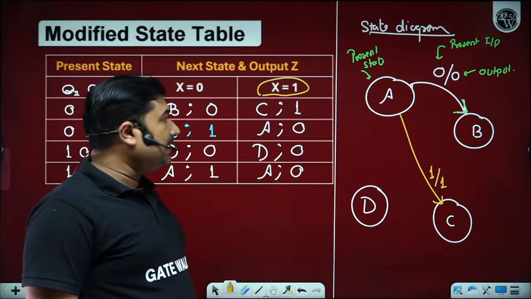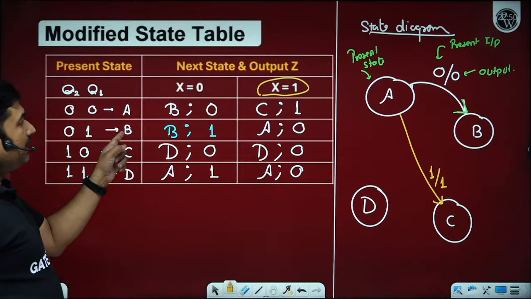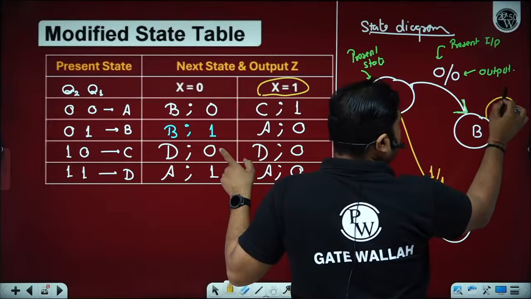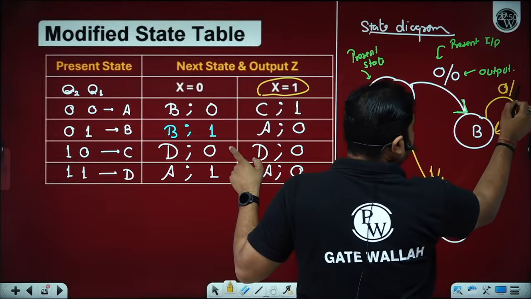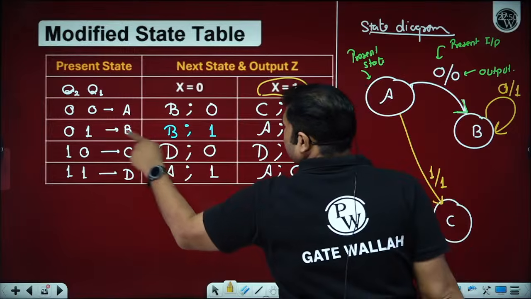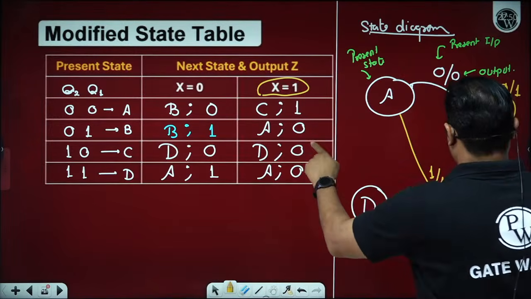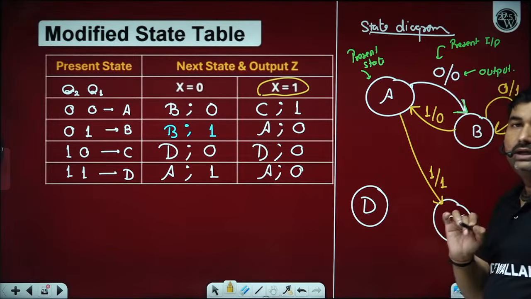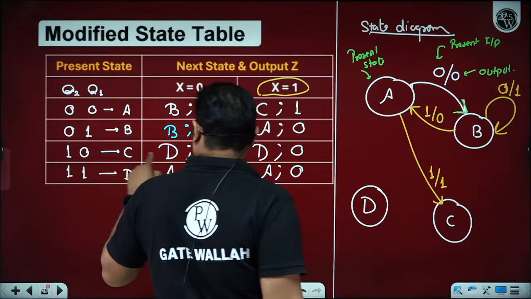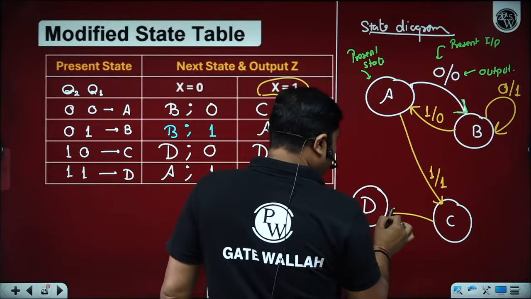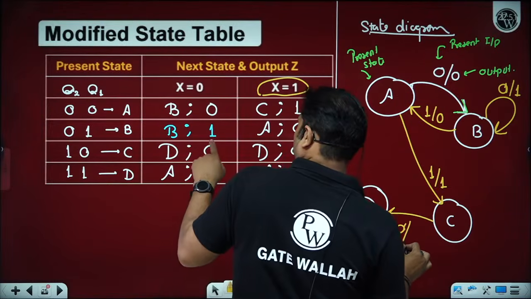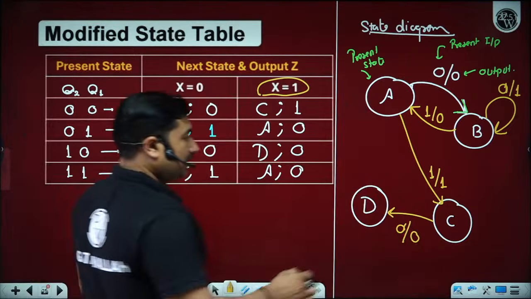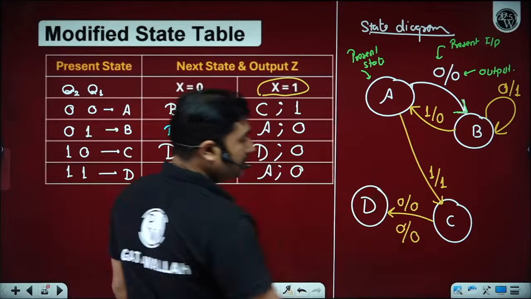If you are on state B and x is equals to 0, then remain on state B with the output 1. If you are on state B and x is equals to 1, return back to state A, output 0. If you are on state C, x is equals to 0, move to state D, output 0. And if you are on state C, x is equals to 1, move to state D, output 0.